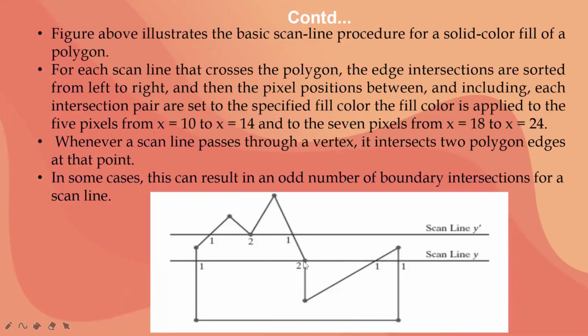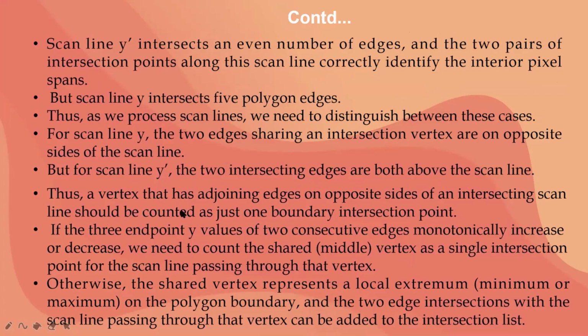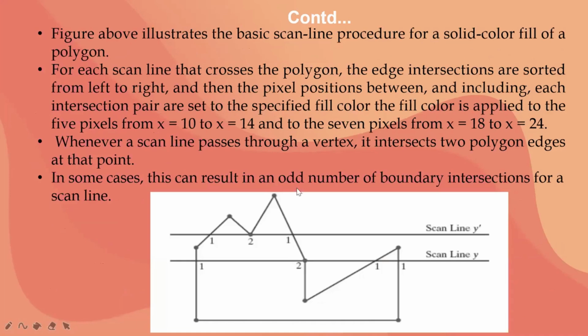As it is hitting your second point, 2, it is an even boundary. And here you are hitting with the sum of the 5 pixel points. But for your scan line y dash, what is happening? Here it is intersecting 2 edges, here one edge, here one more edge. If you want to consider the edge also, you can consider here one edge, here one edge, so 2 edge vectors.